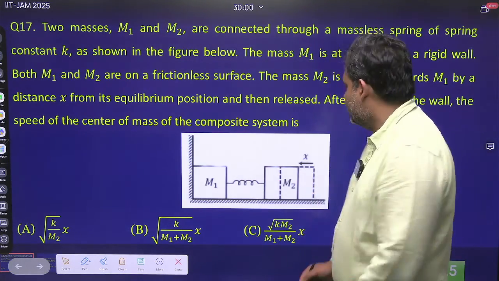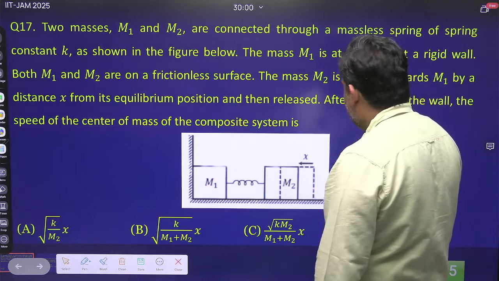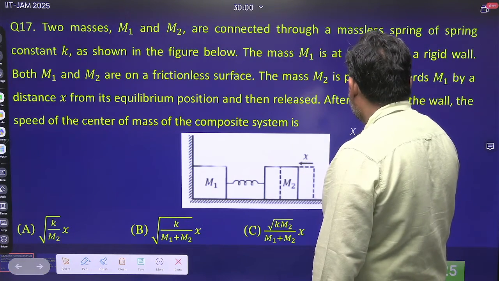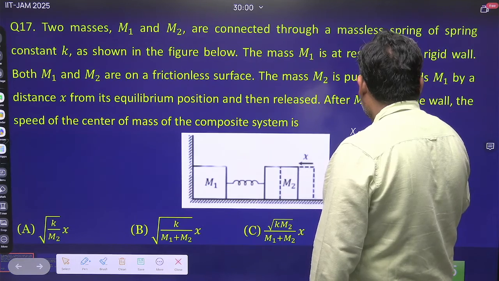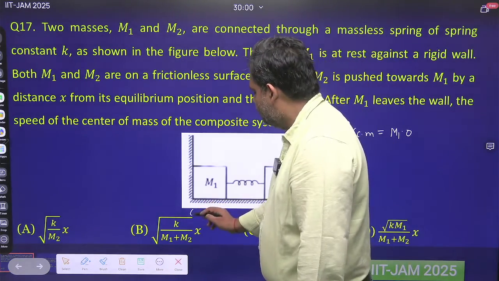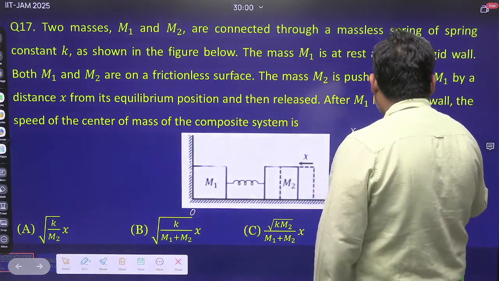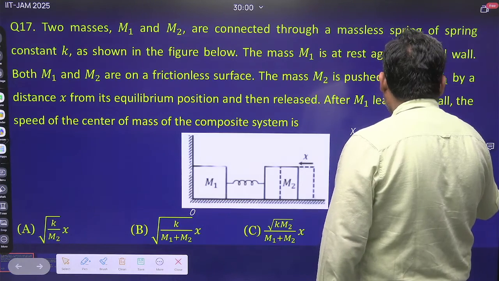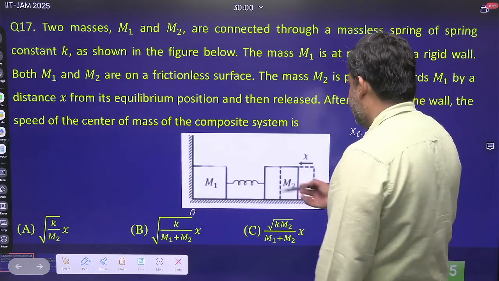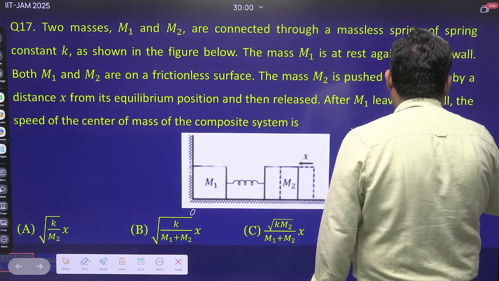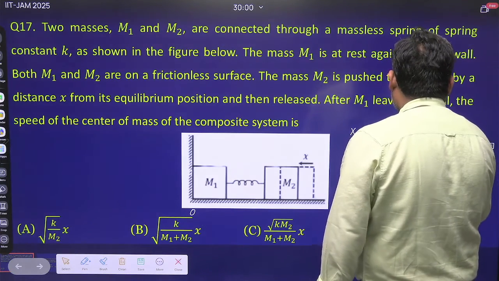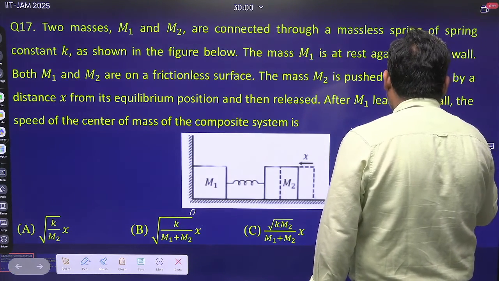So what will be the center of mass? xcm is equal to m1 into 0, since I can assume this is my 0 coordinate, plus m2 times the length, which I can assume is L minus x, divided by m1 plus m2.